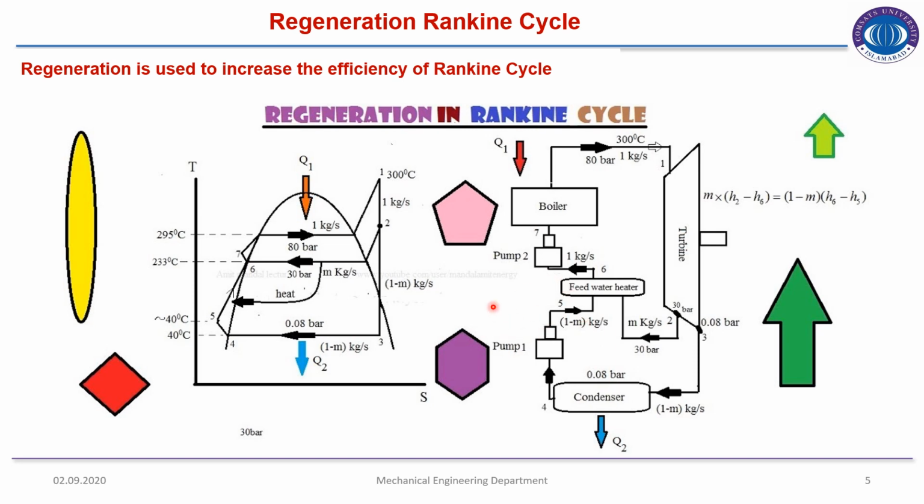For example, if you want to increase the efficiency, in the previous topic we discussed the heat rate. The heat supplied to the boiler is coming from a combustion chamber, where we are burning a certain amount of fuel.